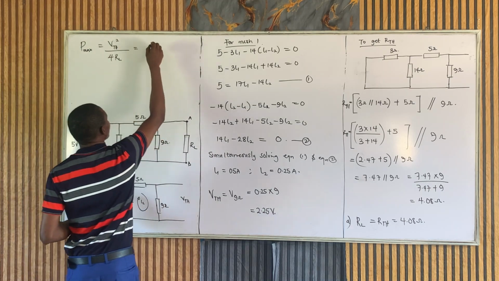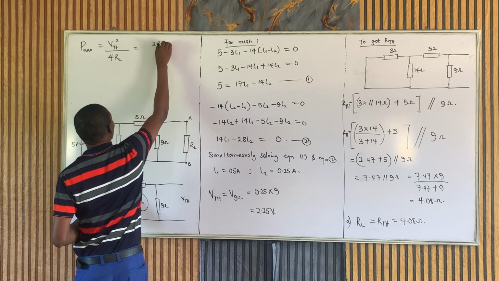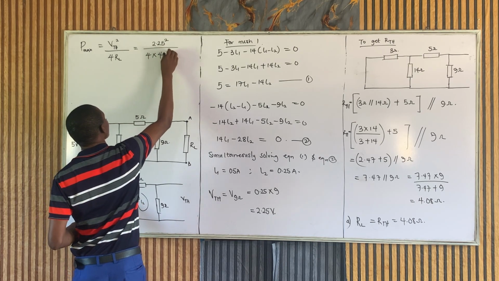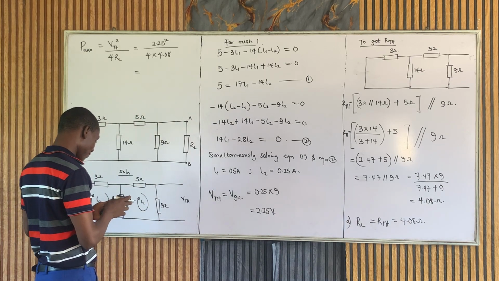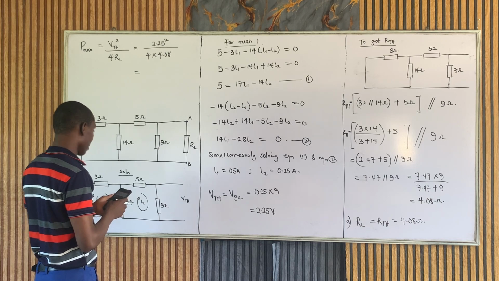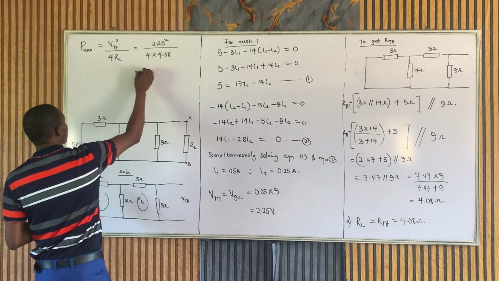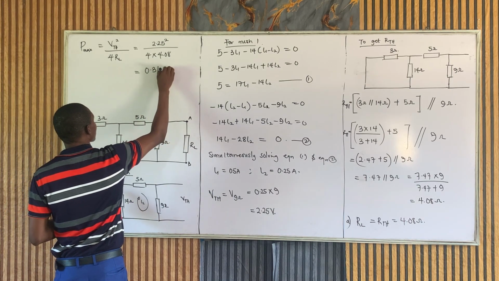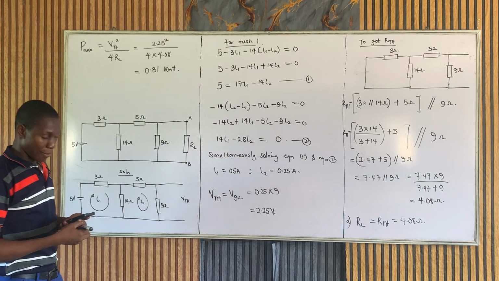And that would be VTH is given as 2.25 squared over 4 multiplied by 4.08. 2.25 squared divided by 4 times 4.08, 0.31 watts. That's that about this question.